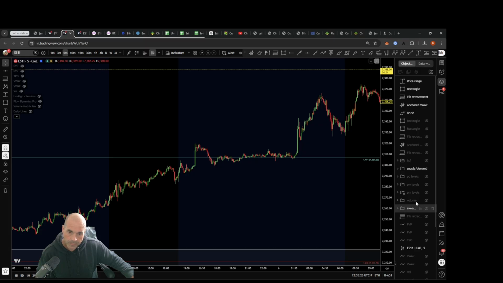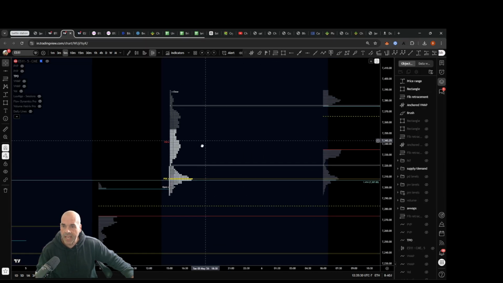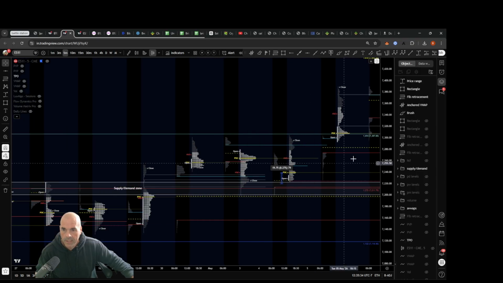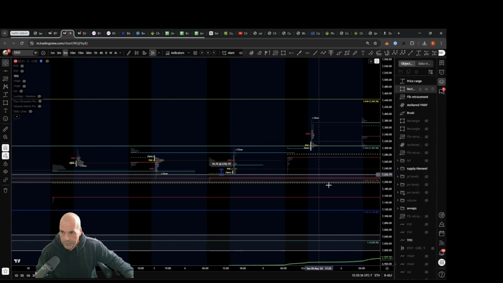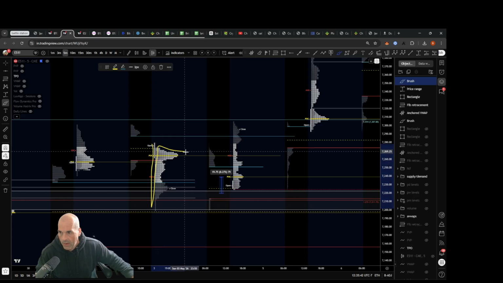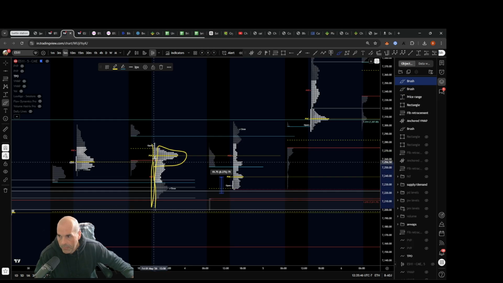Here we go. We're going to get rid of the candles. You know how I love to just get rid of those candles, right? So we say to ourselves, okay, previous day was, here we have a P. What does a P represent? A P represents a sharp move to the upside and then a big volume build, right?